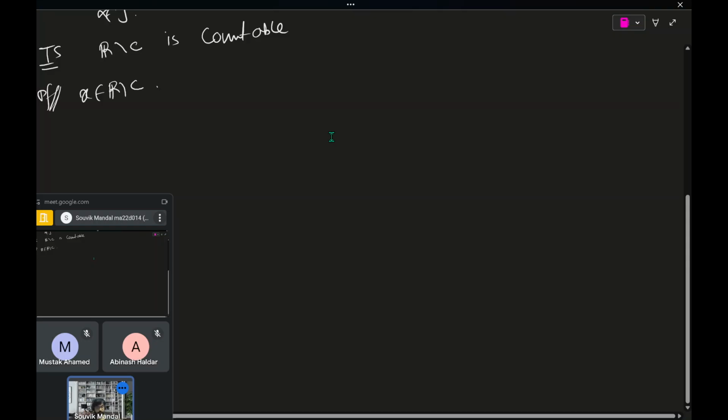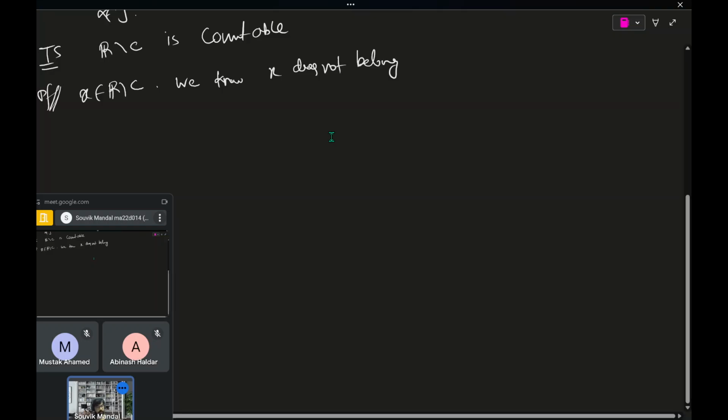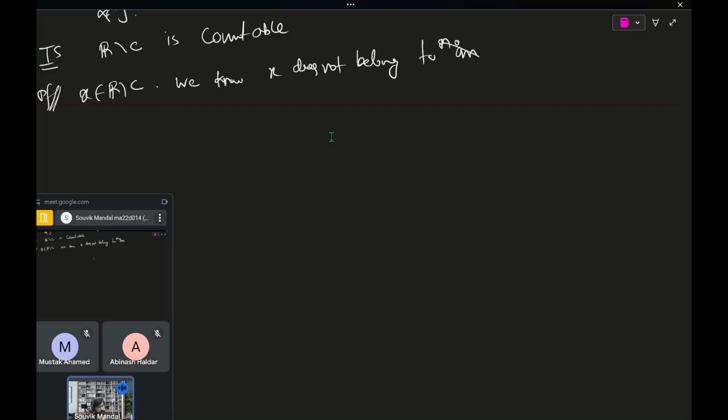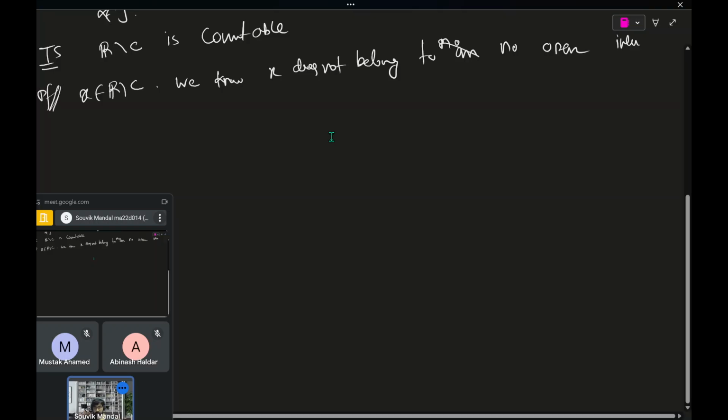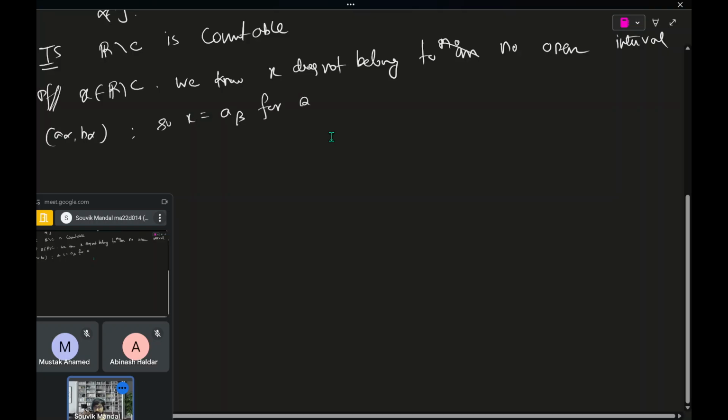How to show this? Let x belong to R minus C. We know that x does not belong to any open interval of the form (a_alpha, b_alpha). So x belongs to [a_beta, b_beta) for some beta.